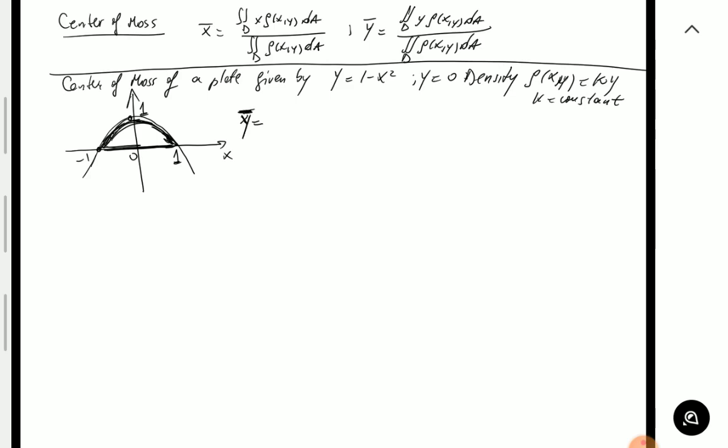The y-coordinate of the center of mass is going to be the double integral of y times the density, which is k times y, dA, divided by the total mass, which is the double integral of k times y dA. So k cancels. It will have meaning in some answer if you have to provide the total mass separately or the moment with respect to x or y. K being a constant, you can just pull it out of the integral and cancel it with the one below.